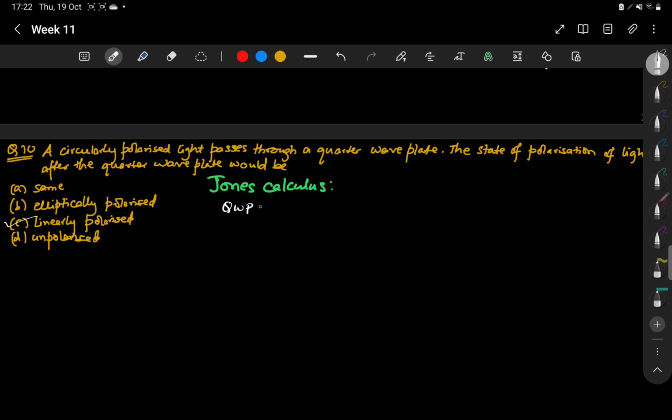For a quarter wave plate having the fast axis at angle theta with horizontal, the Jones matrix is as follows: e to the power minus i pi by 4, then cos squared theta plus i sine squared theta, 1 minus i sine theta cos theta.